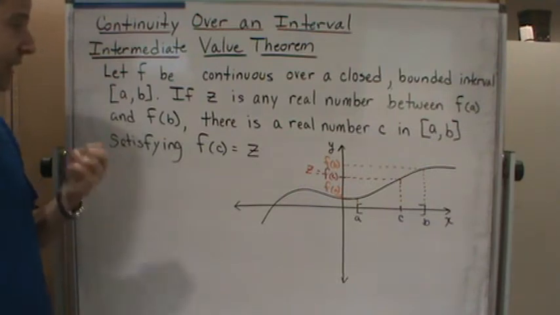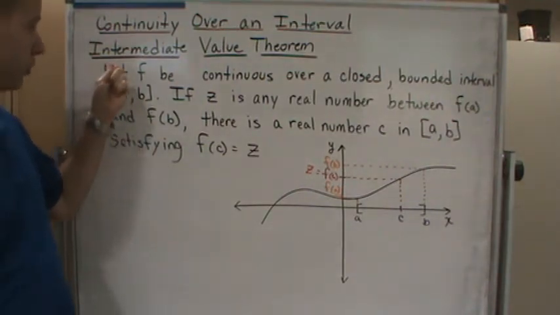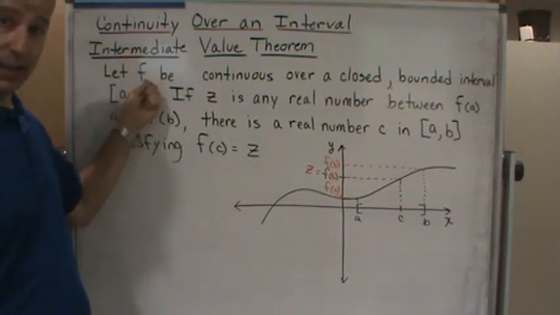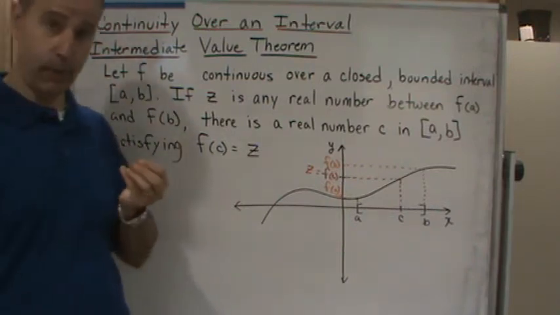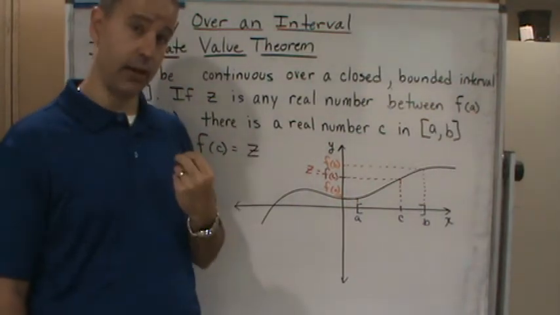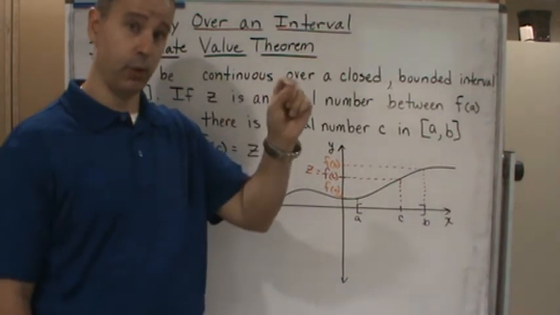Now the key to this theorem, the intermediate value theorem, is the fact that we're assuming that f is continuous on the closed interval. Which means, again, remember our intuitive understanding of continuity: you trace without lifting your pencil off the paper.